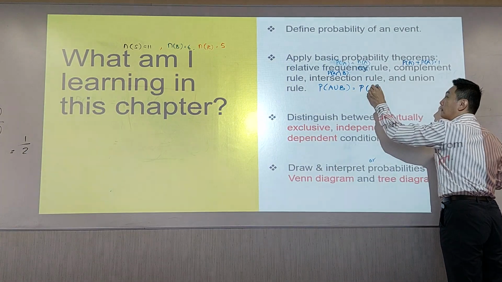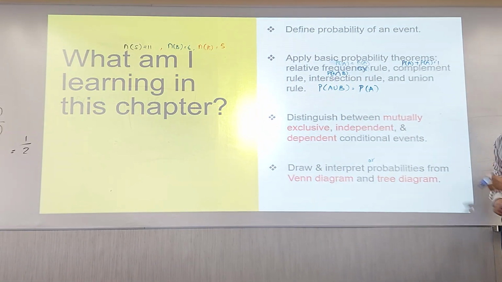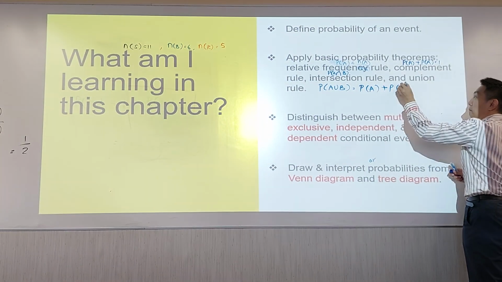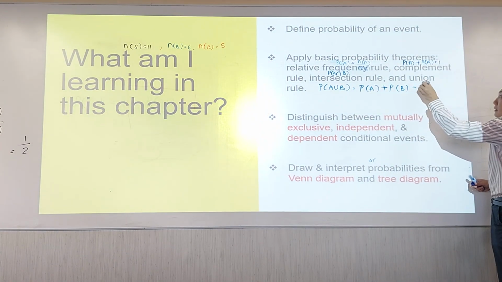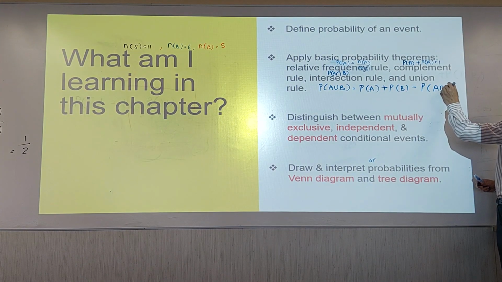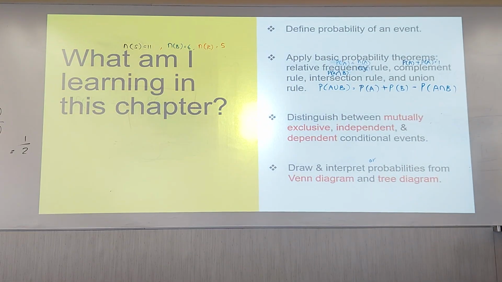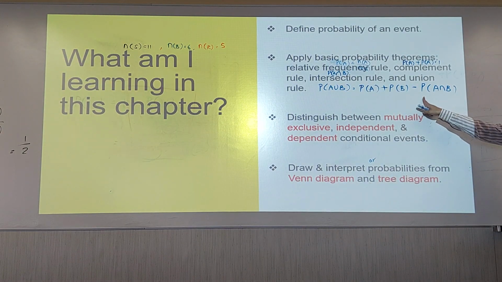The formula is A minus, so we apply this formula for A union B. The difference is only this part depends on the situation of A and B relationship, right? But we always apply this formula.